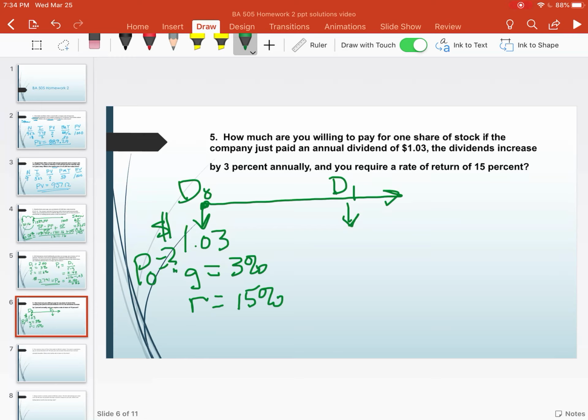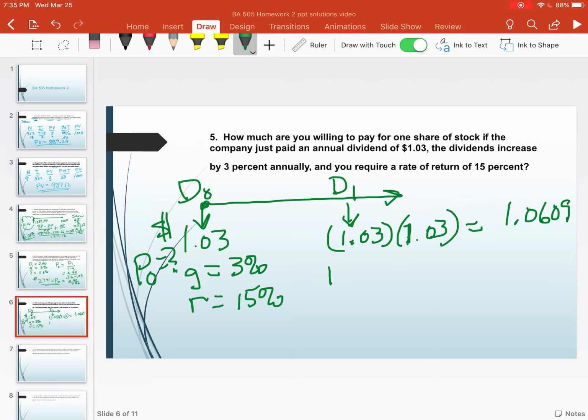So D sub 1 is just going to be 1.03 times, which is our former dividend, times, again, 1.03. Okay? And in that case, that dividend is equal to 1.0609. Okay?